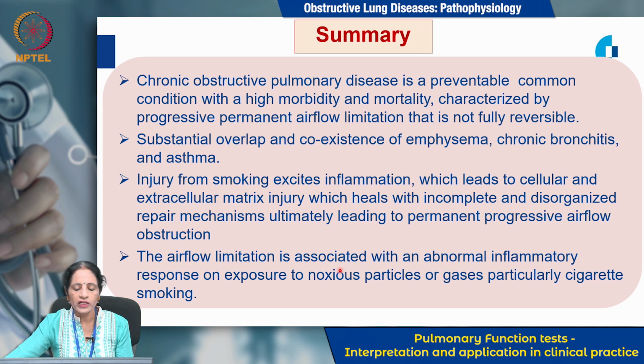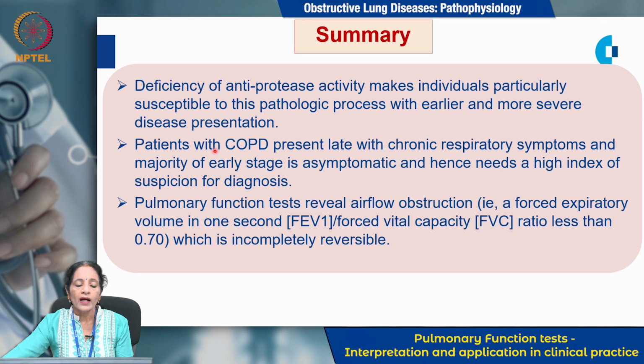The airflow limitation is associated with an abnormal inflammatory response on exposure to noxious particles or gases, particularly cigarette smoking. Again, the emphasis on smoking. Another important emphasis is that deficiency of antiprotease activity makes individuals particularly susceptible to the pathologic process with earlier and more severe disease presentation, that is emphysema.